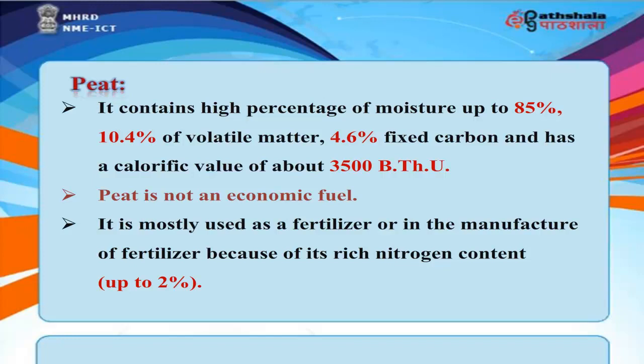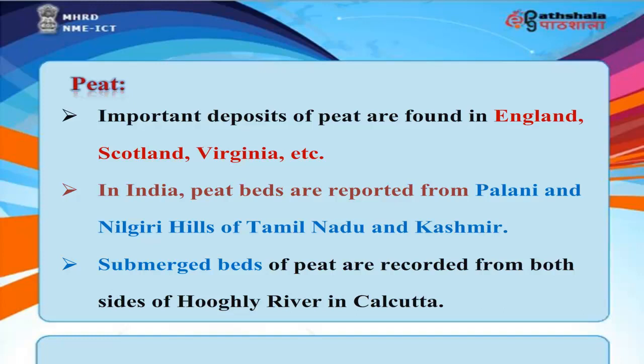It is mostly used as a fertilizer or in the manufacture of fertilizer because of its rich nitrogen content, up to 2%. Important deposits of peat are found in England, Scotland, Virginia, etc. In India, peat beds are reported from Palani and Nilgiri hills of Tamil Nadu and Kashmir. Submerged beds of peat are recorded from both sides of Hooghly River in Kolkata.